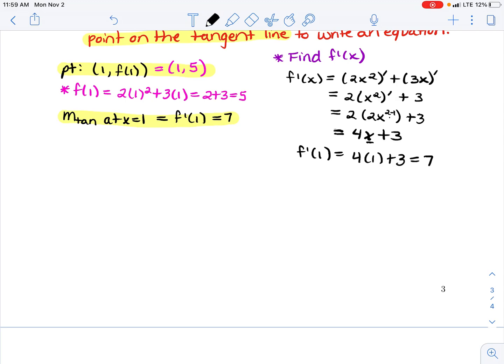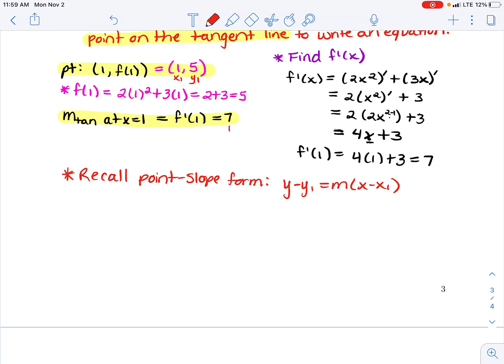Beautiful. Okay, so now I want to recall point-slope form. That was y minus y1 is equal to m times x minus x1. So beautiful here because I have my x1 and my y1 when I go back to that coordinate, right?